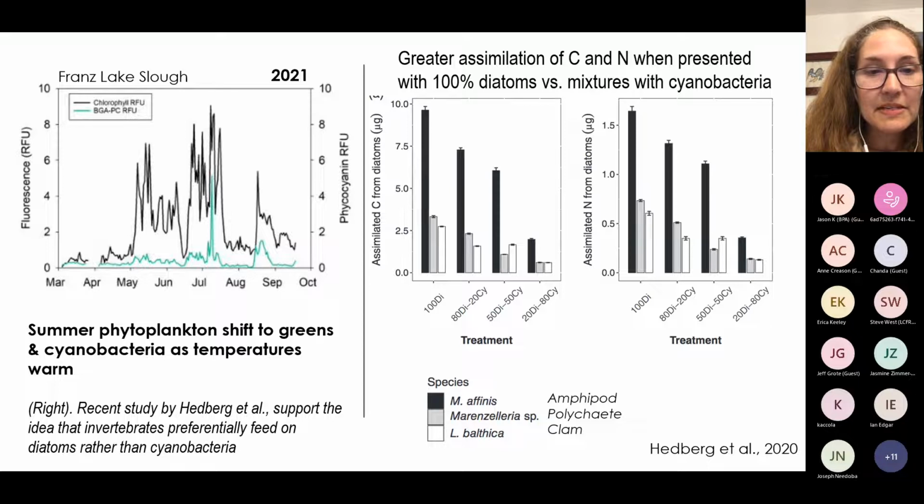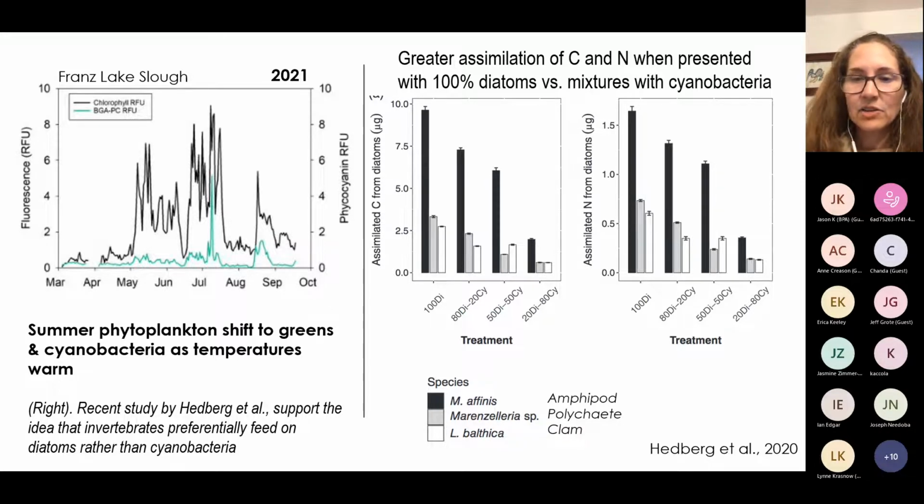In three different species or groups, an amphipod, a polychaete, and a clam, in each case, this black bar is one species and the gray is a different one and the white is a different one. The first part of this first graph just shows the percentage of the assemblage they were fed as being 100% diatoms and then smaller percentages. In each case, more carbon on the left and more nitrogen on the right were assimilated by the invertebrates when diatoms were available.